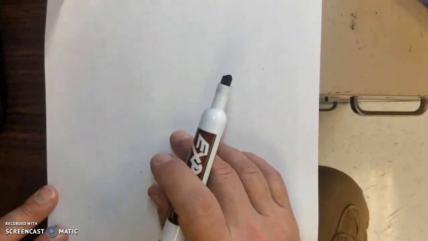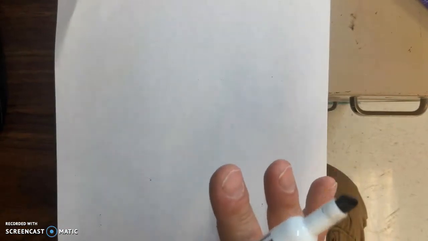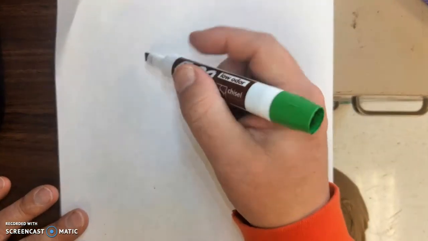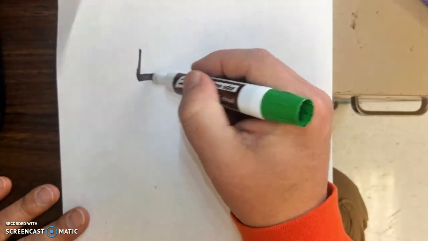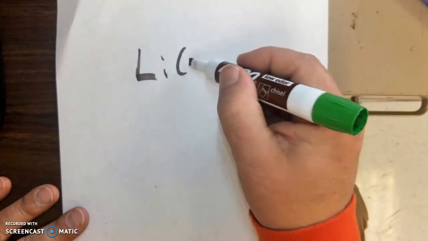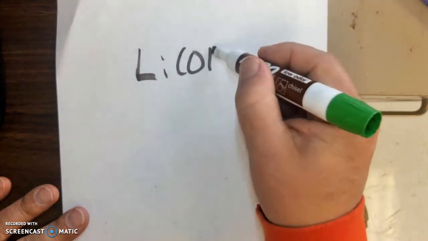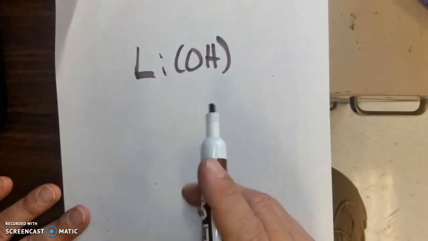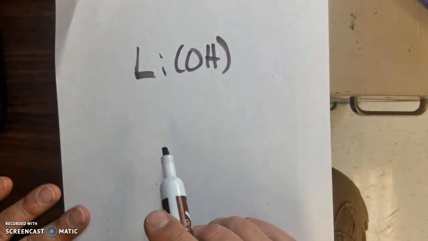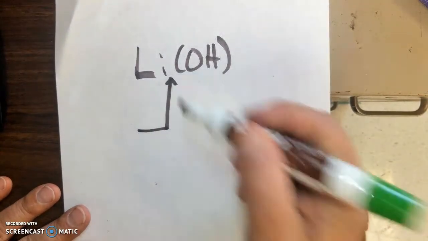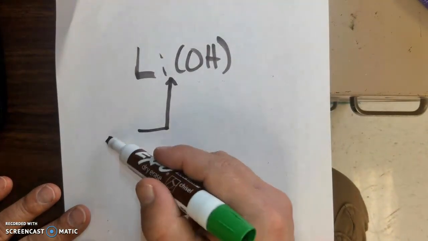Another rule, don't go stuffing coefficients in the middle of molecules. So for example, if we have, let's say, lithium hydroxide. Let's say we have lithium hydroxide, all right? You can't stick a coefficient in the middle, like right there, okay?